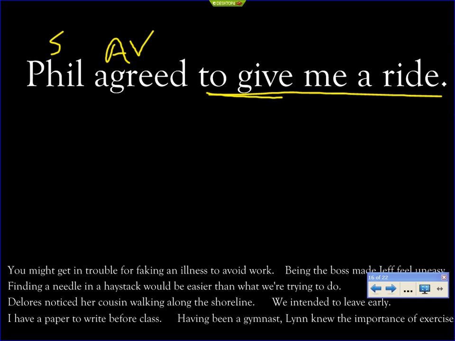Now, Coral, if you take a look at that, to give kind of looks like a verb, right? It's a verbal. So if we imagine that this is like a verb, what is me kind of like? Or what is ride kind of like? I know my question is not very specific, but I'm seeing if you can see the pattern.